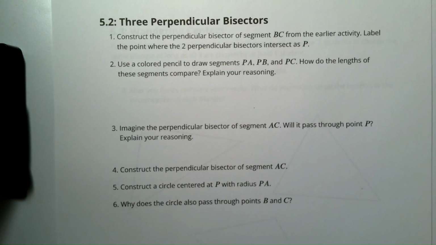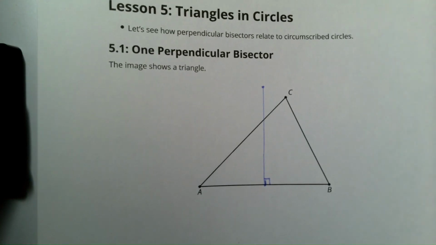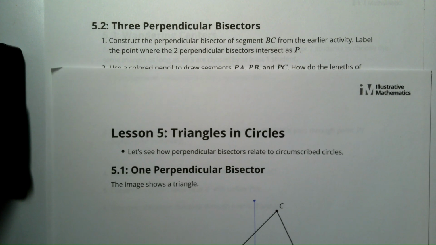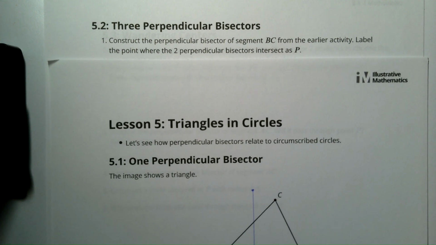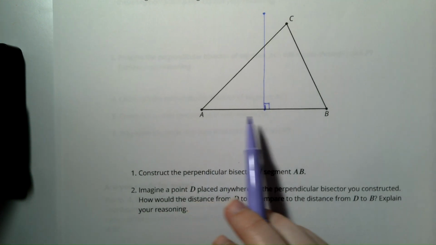So on 5.2, it wants us to keep drawing on here, so we'll go back and forth. For the first thing, it wants us to construct the perpendicular bisector of segment BC, just like we constructed the perpendicular bisector of AB.